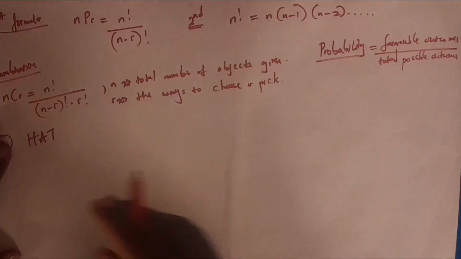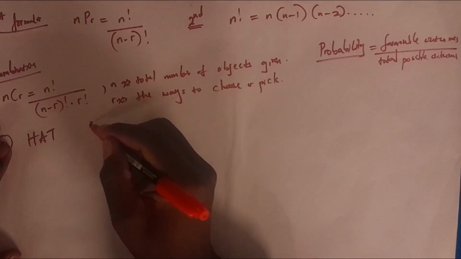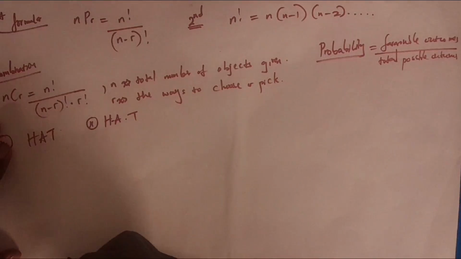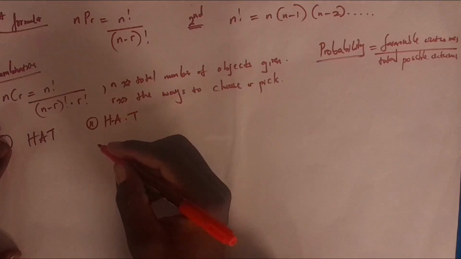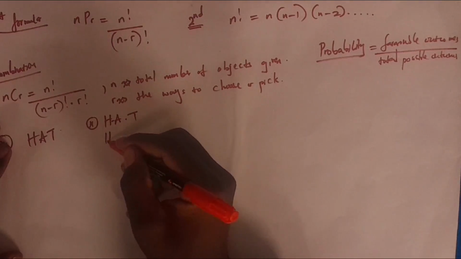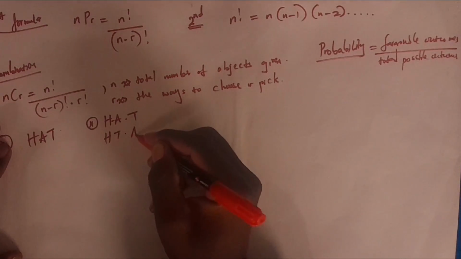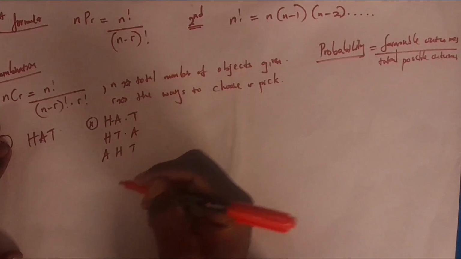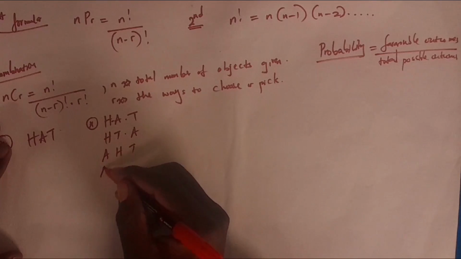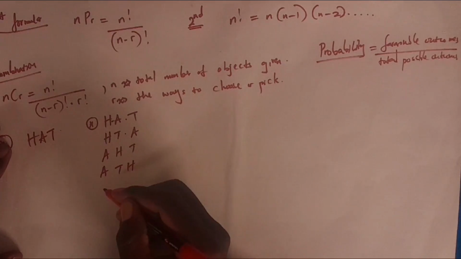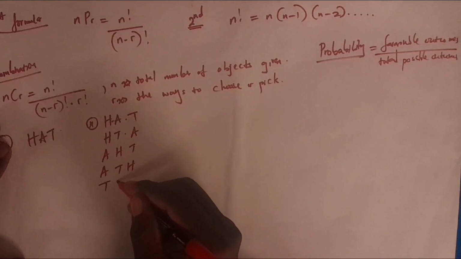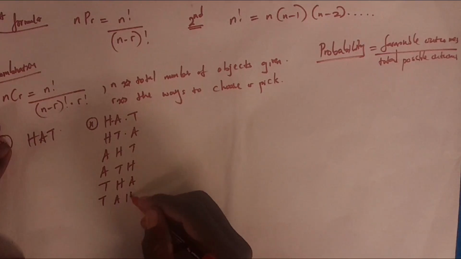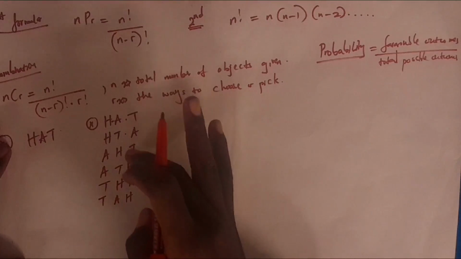For example, with this word, we can start by writing it in this way, or we can also write it in this way, or we can start with A and then H T, or again write it A T H. We can also write it in this way, T H A or T A H. So 1 2 3 4 5 6.